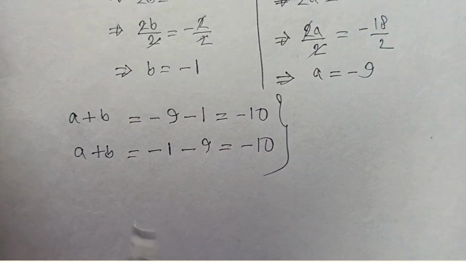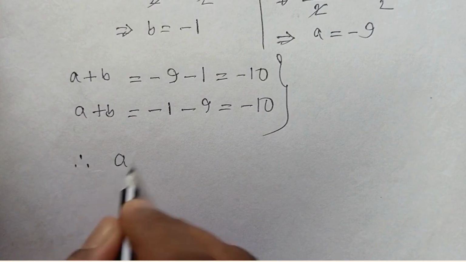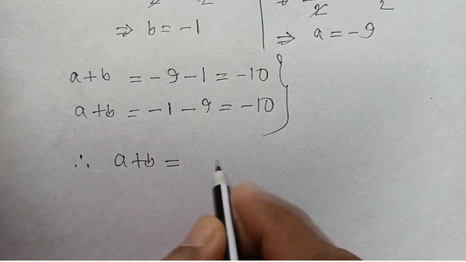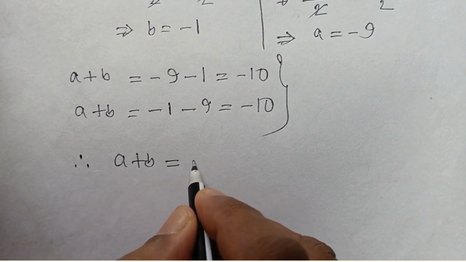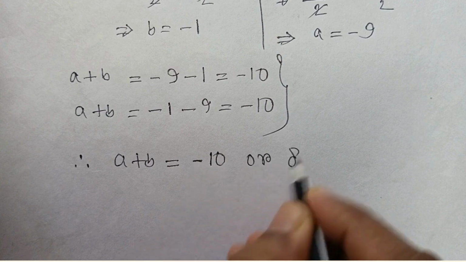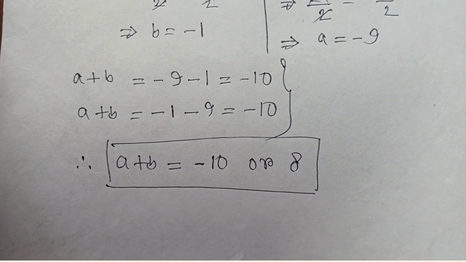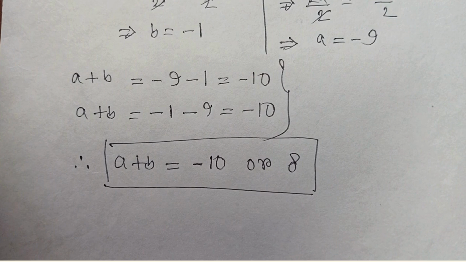So generally we can say that the value of a + b should be either -10 or 8. That's it. So we have the values of a + b equal to positive integer 8 or -10.